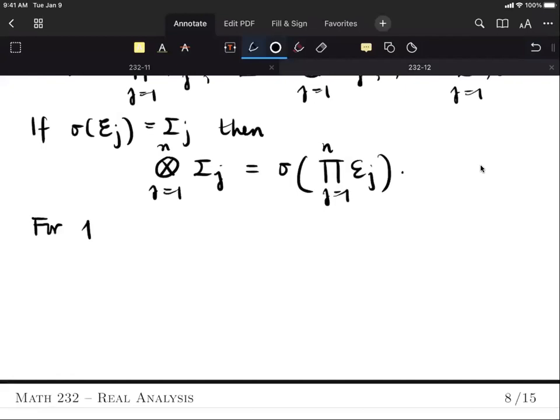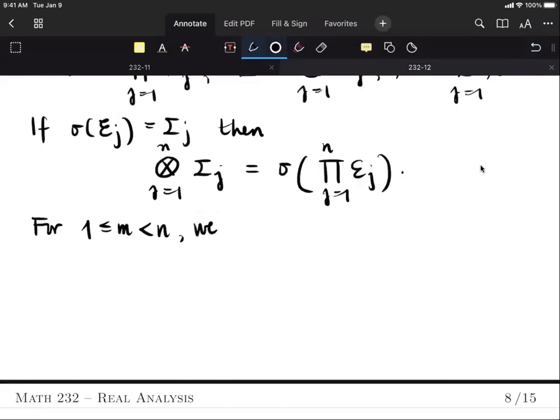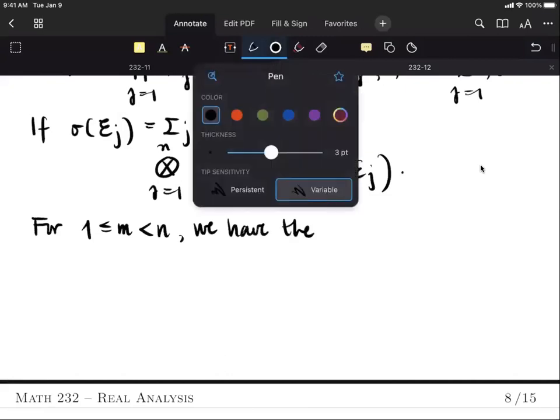Now, applying the associativity of the product sigma algebra, so given an integer m between 1 to n, it can be 1, but it cannot be n, we have the associative property.